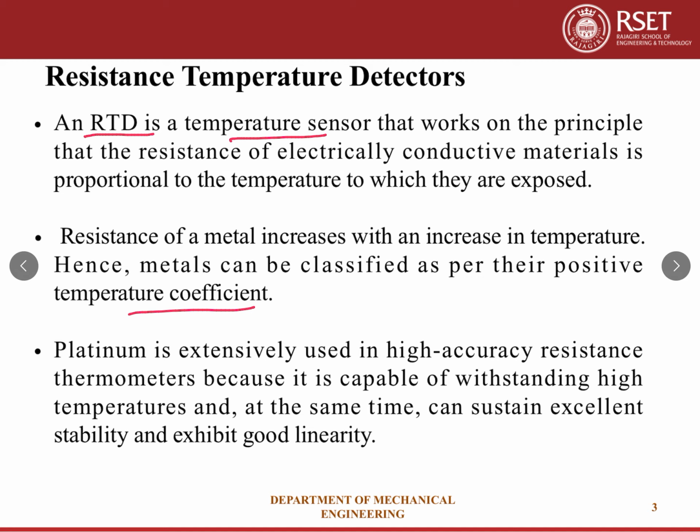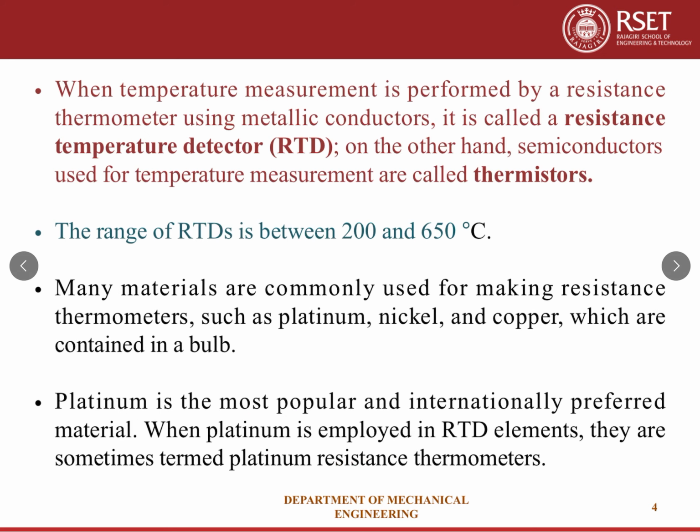Platinum is extensively used in high accuracy resistance thermometers because it is capable of withstanding high temperature, and at the same time it can sustain excellent stability and exhibit good linearity. When temperature measurement is performed by a resistance thermometer using a metallic conductor, it is called a resistance temperature detector, RTD.